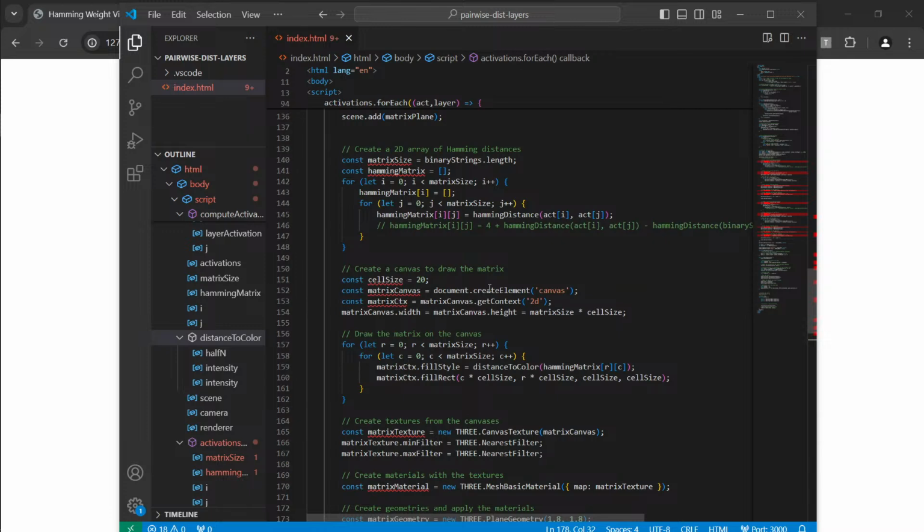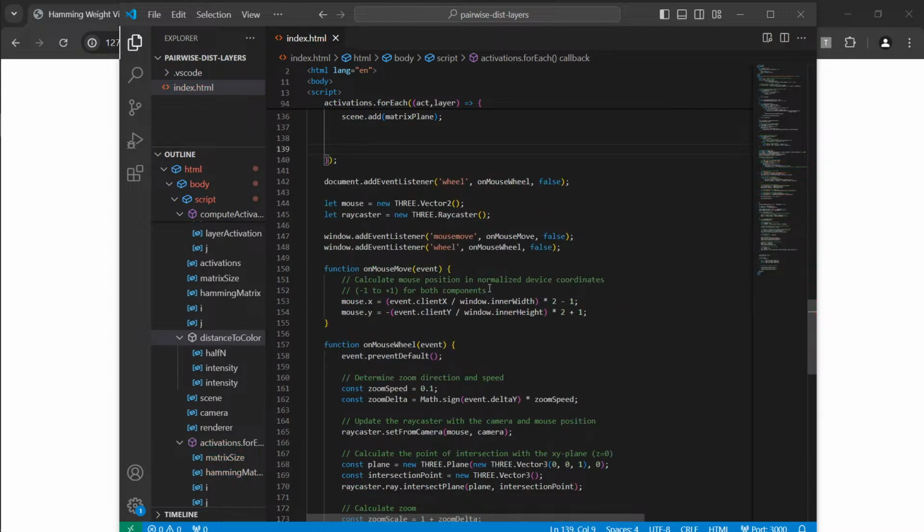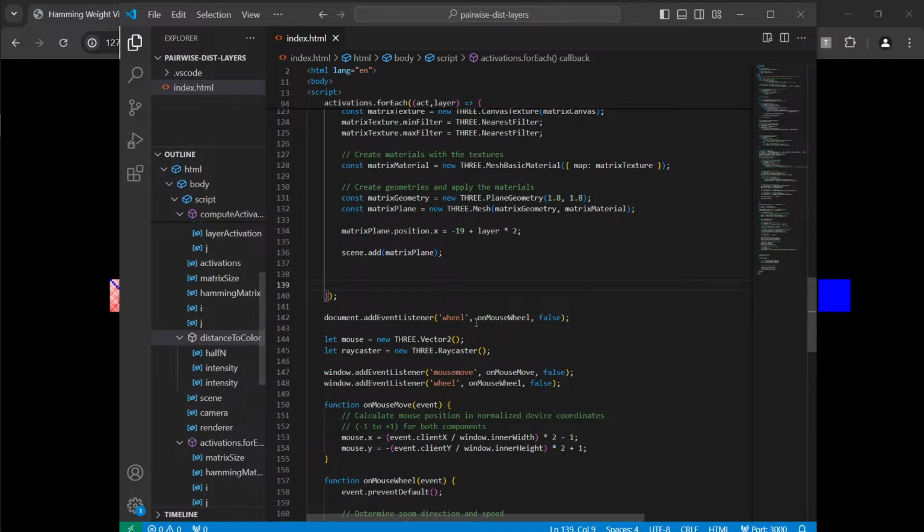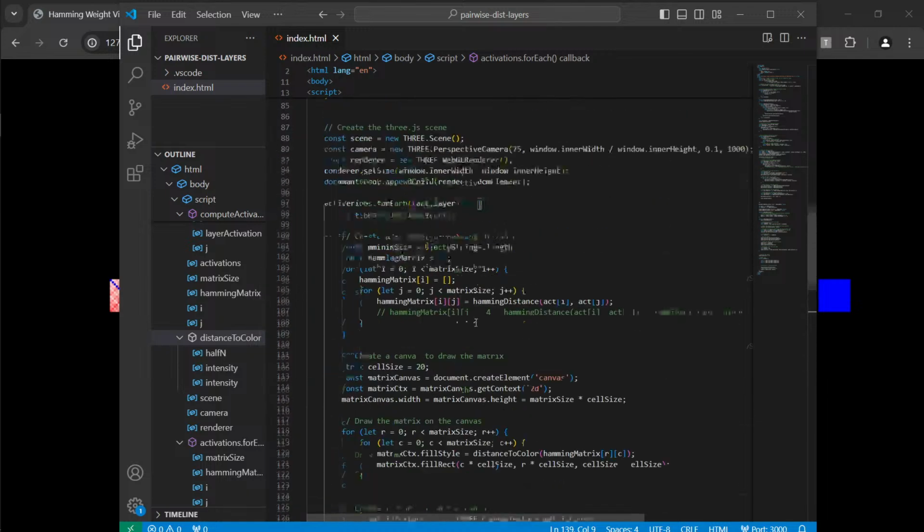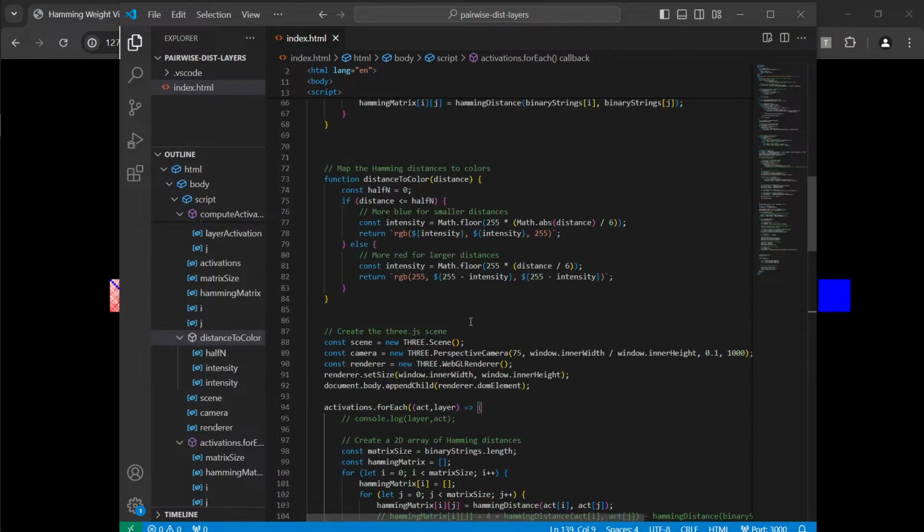Okay, I guess I'll do a function. It got me. Gotta do a little function. Oh yeah, and then we have to fix this. This is the thingy.